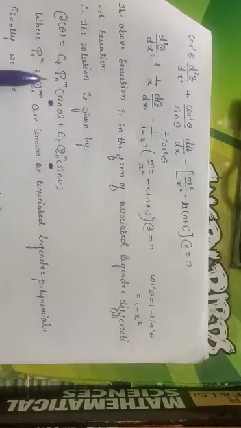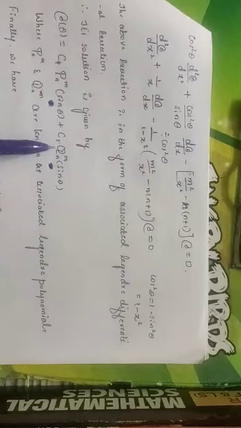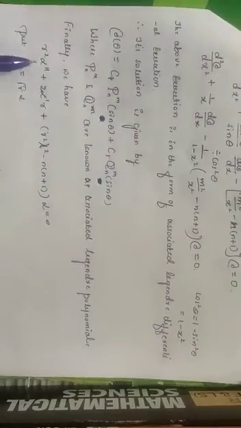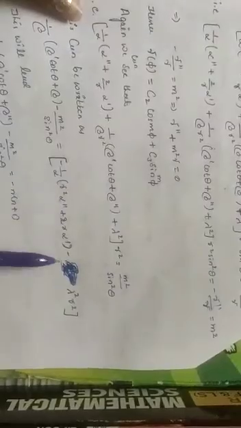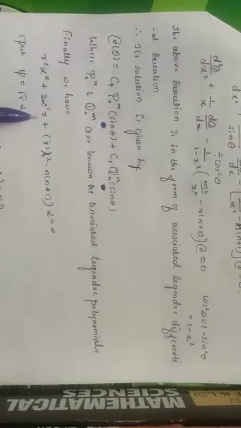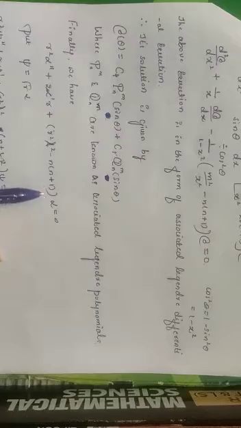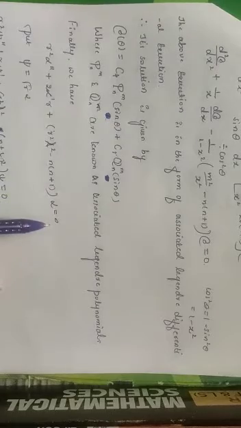Okay, now observe here, Pnm and Qnm are associated Legendre polynomials. Okay, finally, the previous equation becomes r square into alpha double dash plus 2 alpha dash into r plus r square lambda square minus n into n plus 1 into alpha, which is equal to 0.